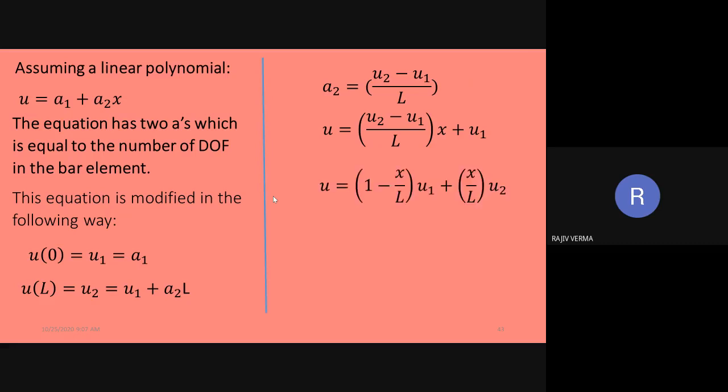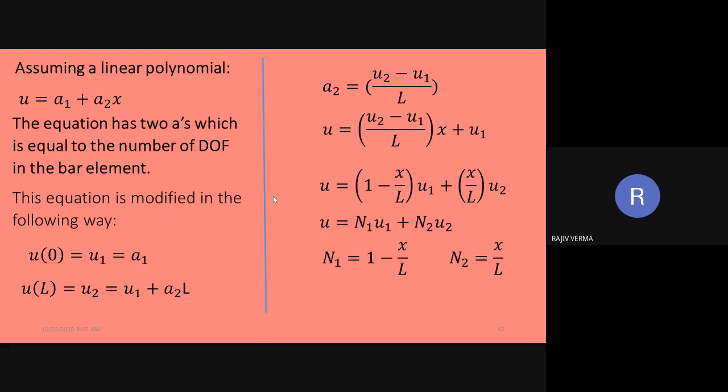Then we adjust the form of the expression to the one on display, and at this moment, we introduce two functions given by n1 and n2. n1 is 1 minus x by L and n2 is x by L. So u, which is the deformation, reduces to u1 n1 plus u2 n2.